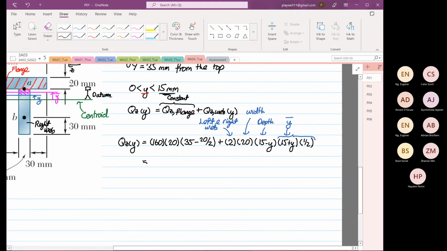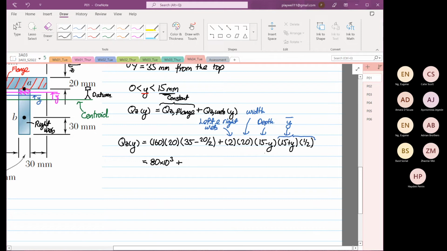So from here, we can calculate our first moment of area for the flange. So we have 35 minus 20 divided by 2 multiplied by 20 multiplied by 160, which is equal to 80 times 10 to the power 3. Then plus, right?